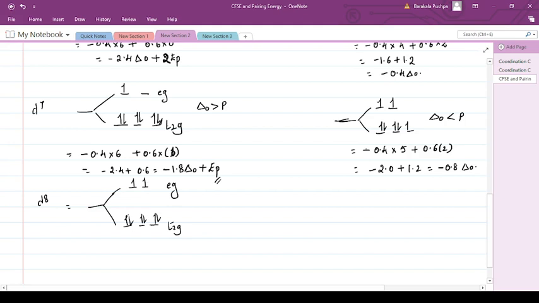So the CFSE is minus 0.4 into 6 plus 0.6 into 2, that is minus 1.2 delta O. There is no concept of pairing energy because electrons are sufficient. First they are singly occupied, then only the pairing takes place.